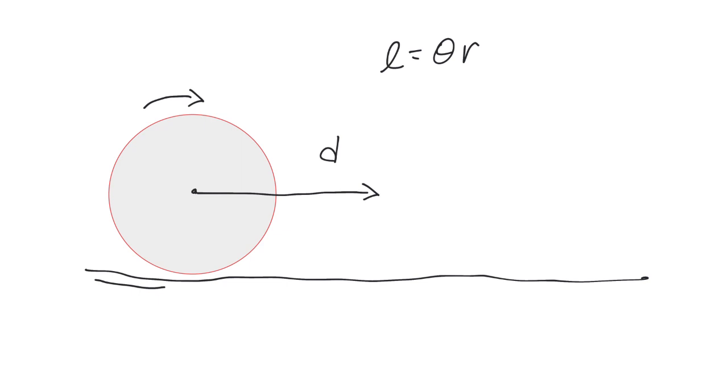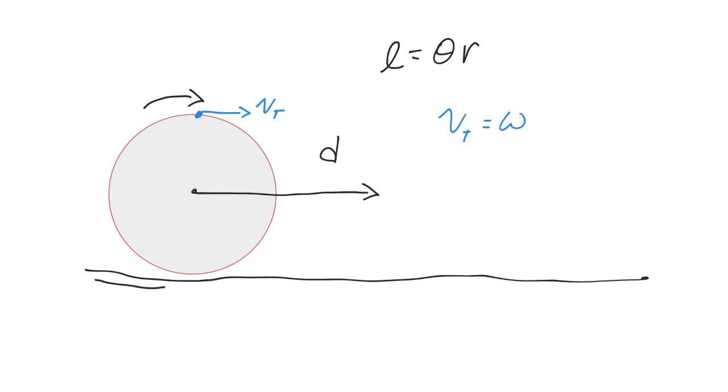Now let's talk about linear speed. A point on the wheel, and I'll indicate that in blue here, is going to be moving with a linear speed. That linear speed is related to the angular speed by an equation I showed you just a moment ago.